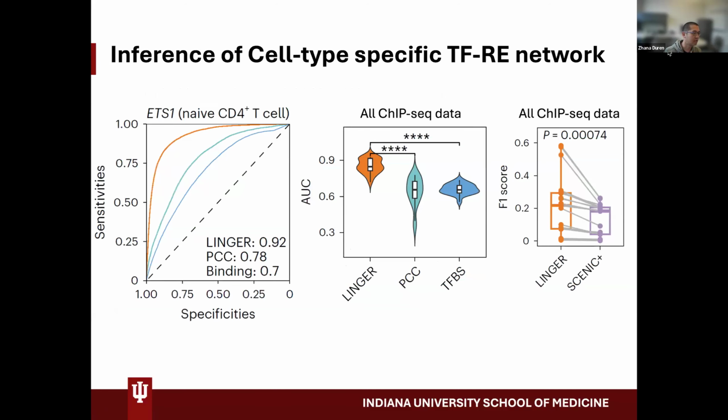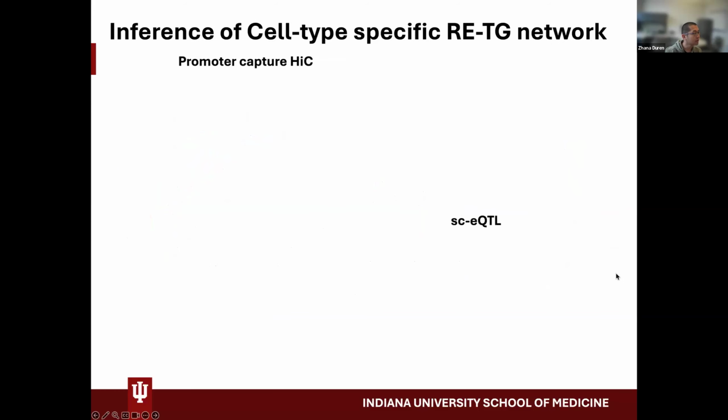Then the result here is the TF and RE network. The orange one is our curve. In AUC, we get 0.92. It's a lot better than previous methods. And in the ChIP-seq data, we also did a much better job compared to the simple method and the best method in previous studies.